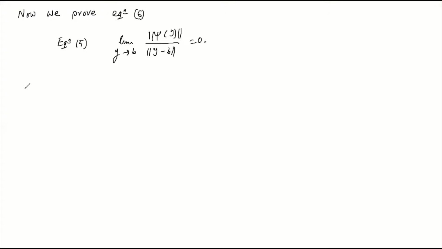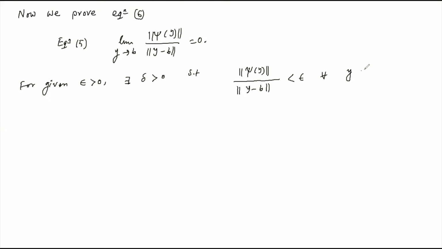So from here we have, for given epsilon greater than 0, there exists some delta greater than 0 such that the functional value, norm of psi of y over norm of y minus b, which is non-negative, is less than epsilon for all y not equal to b belonging to Rm with norm of y minus b less than delta.